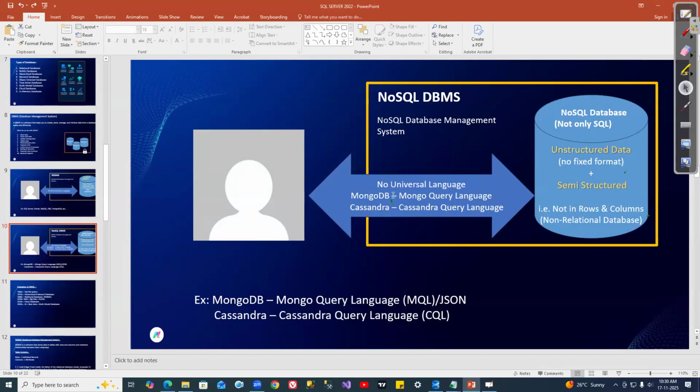MongoDB, a company, has created its own language, Mongo Query Language, using which we can communicate with the NoSQL database. And Cassandra has designed its own language, Cassandra Query Language, for unstructured and semi-structured data. Okay, that is about NoSQL database.